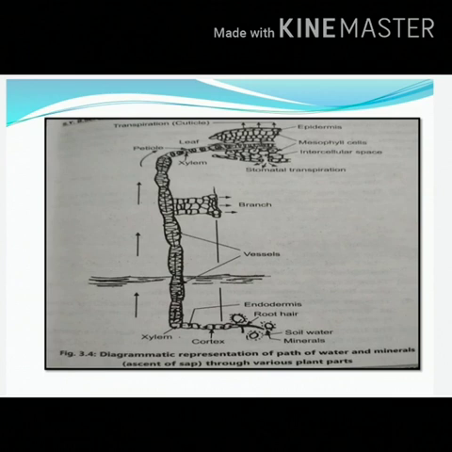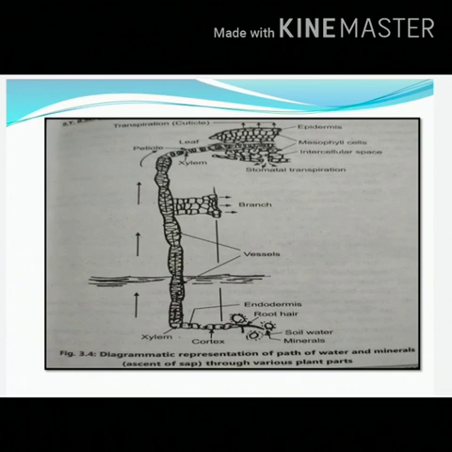Okay, and then this water and sap is utilized for different functions, and also some water is lost through stomatal transpiration. So this is all about the path followed by sap during the process of ascent of sap.